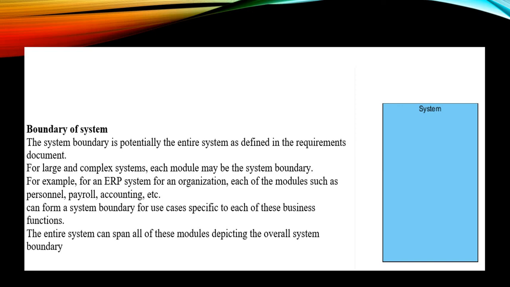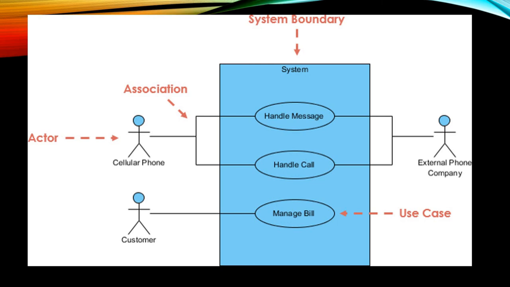For example, for an ERP system of an organization, each of the modules such as personnel, payroll, accounting, etc. can form a system boundary for use cases specific to each of these business functions, as we can see in the following example. And the entire system can span all of these modules, depicting the overall system boundary.